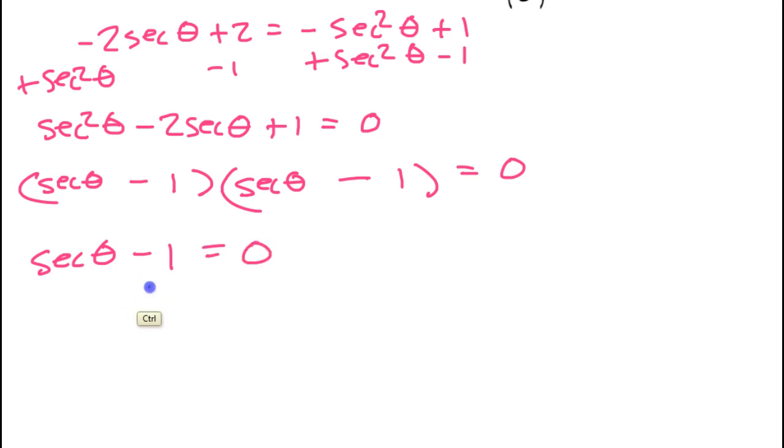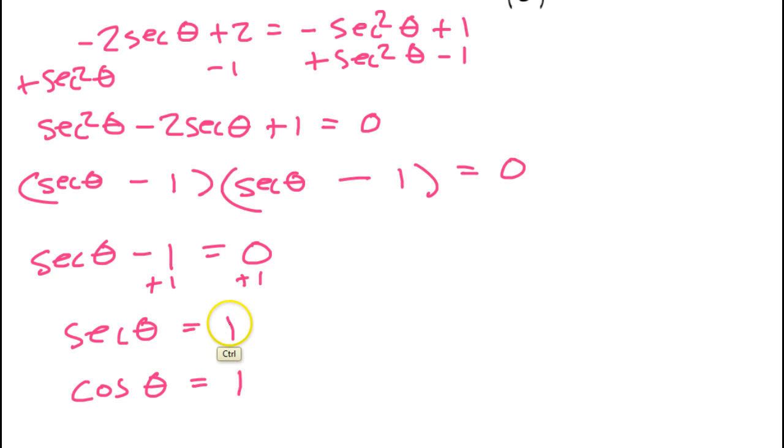Adding 1 to both sides, I have secant theta is equal to 1. Now secant is the reciprocal of cosine, so taking the reciprocal of both sides, I get cosine theta is equal to 1. The reciprocal of 1 is still 1.